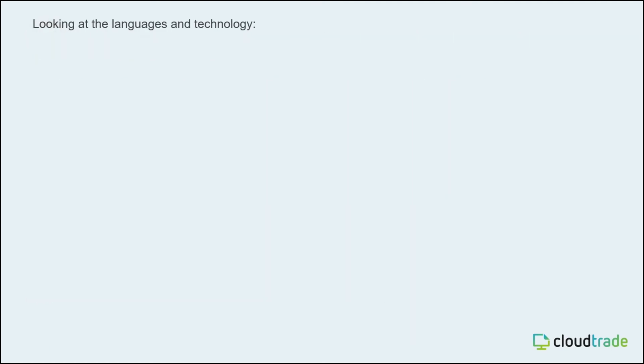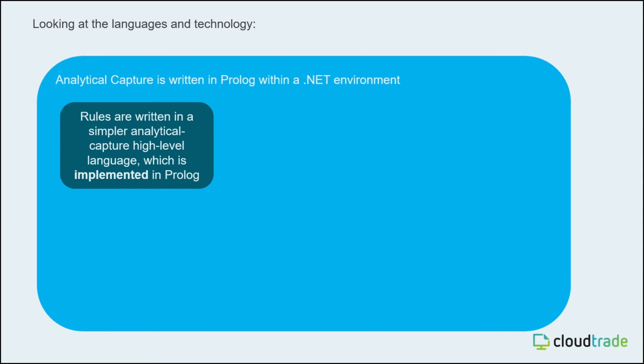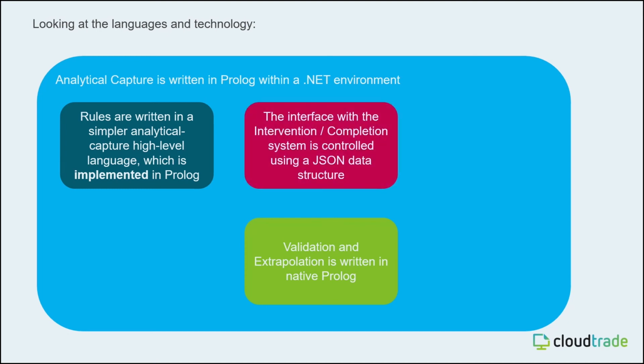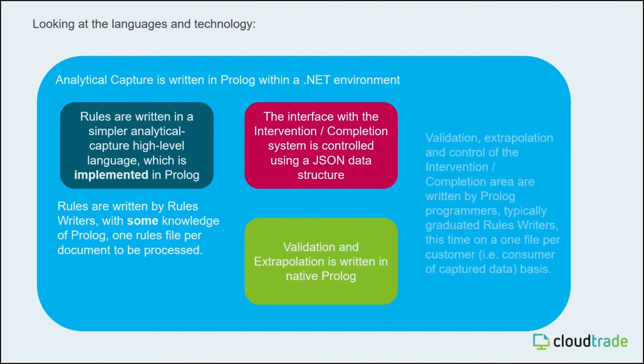In terms of the languages that we use to program all this stuff, it's all Prolog within a .NET environment, but the rules are written using this rule system which is implemented within Prolog. We then use native Prolog for validation and extrapolation. The interface to intervention and completion is via JSON data structure, and the rules are written by rules writers with a bit of knowledge in Prolog, but the rest of the stuff is written by Prolog programmers, though a lot of the time these programmers tend to be graduated rules writers.